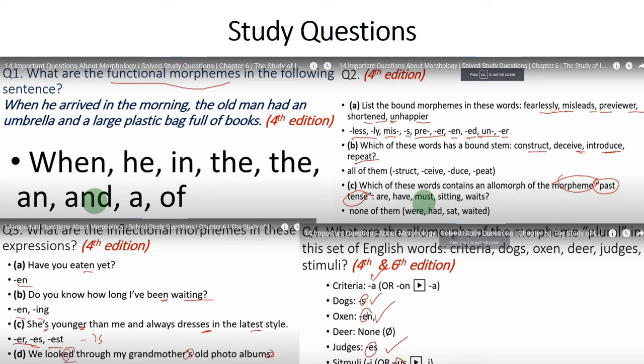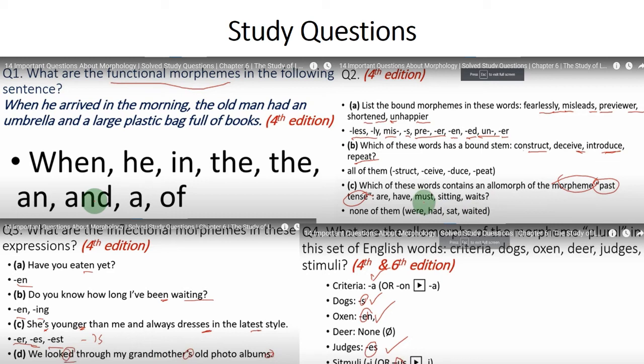Question number 4. What are the allomorphs of the morpheme plural in this set of English words? Criteria, dogs, oxen, deer, judges, stimuli. So in criteria there is a, and in dogs the plural morpheme is s. In oxen the plural morpheme is en.